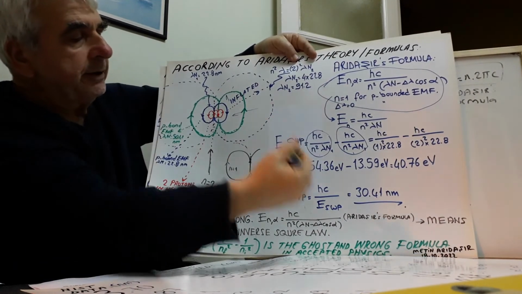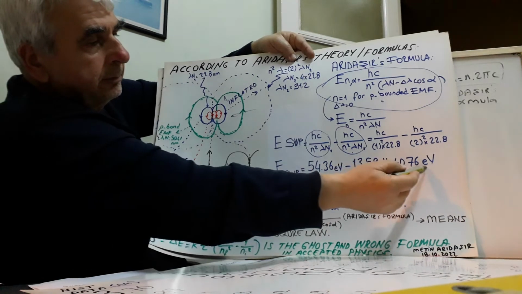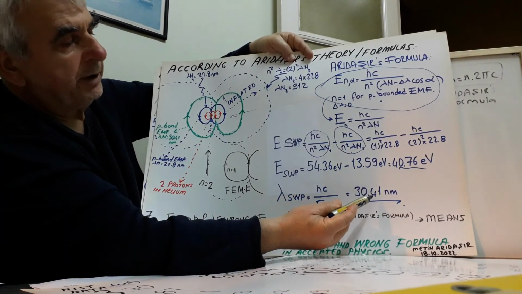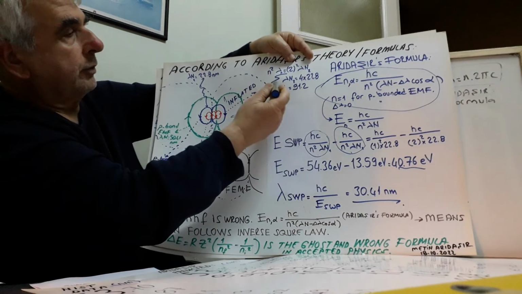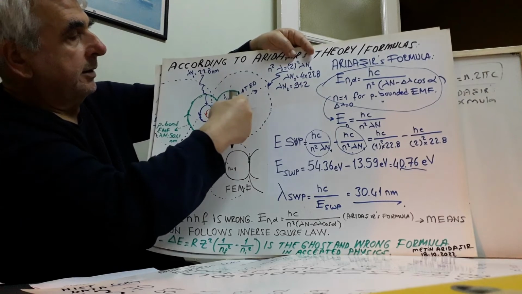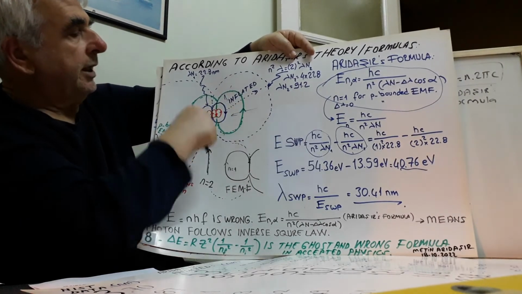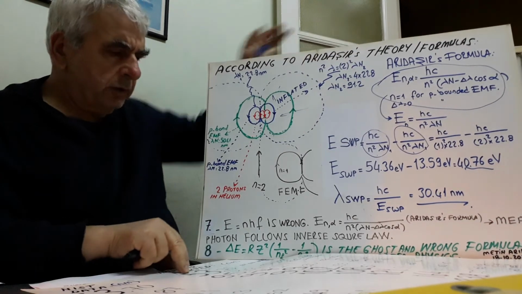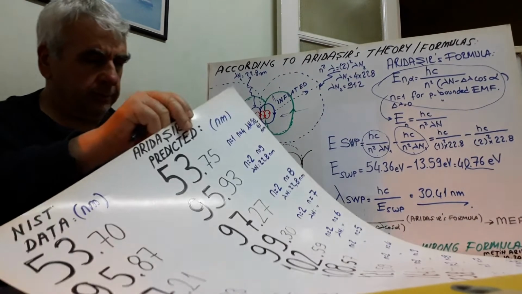The representative wavelength is equal to divided by 30.41 nanometer for n equal 2 to n equal 1. Go back. What was it? We look now.